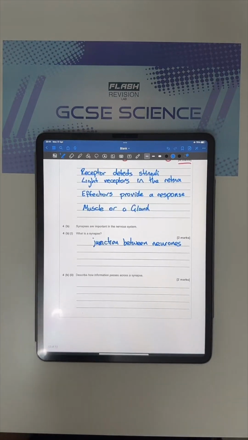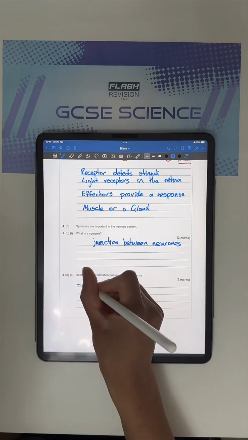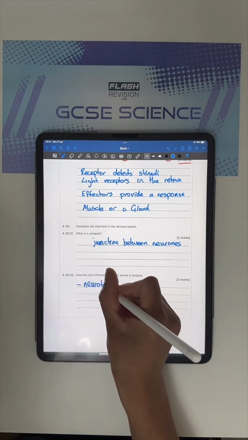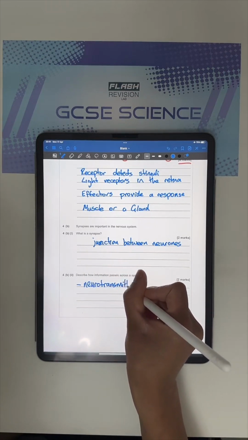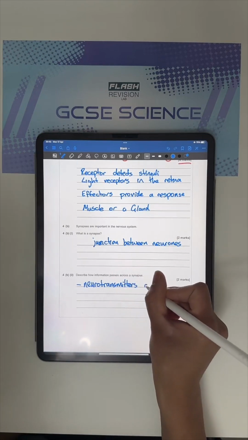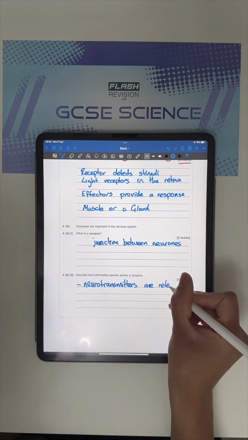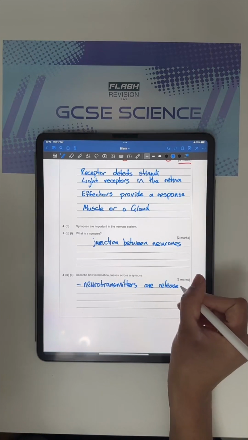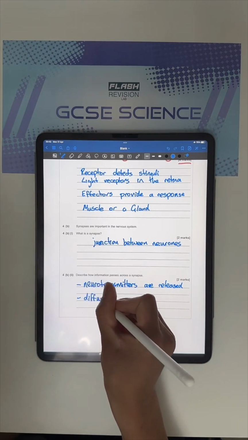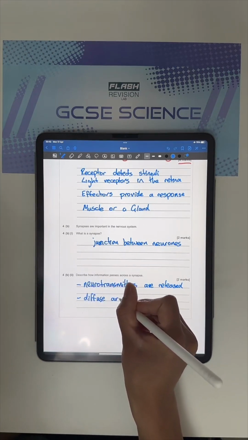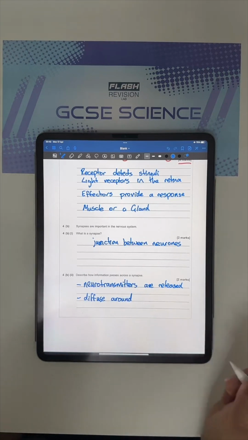Final question. So we've done this twice already, this question. So it releases chemicals called neurotransmitters which diffuse across. Good. So first thing to do is to mention neurotransmitters. So neurotransmitters are released. And second mark is to say they diffuse across the gap. So the other ones that we did, they were 3 marks. This one's only 2 marks.